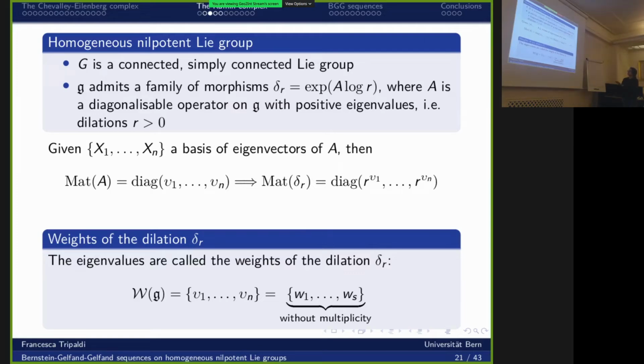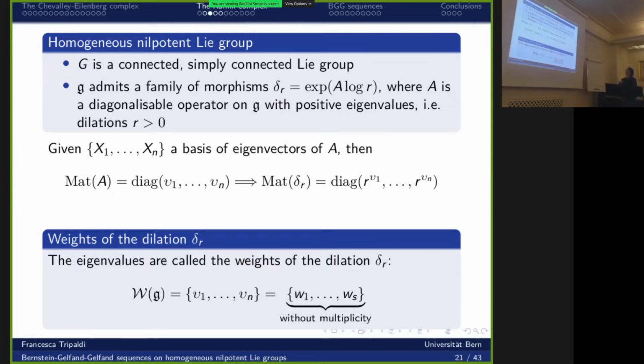So these eigenvalues for the morphism A are called the weights. Now, you may have two weights that are equal to each other. I'm going to use W for the weights without the multiplicity. So these are all different, okay? Just the notation.